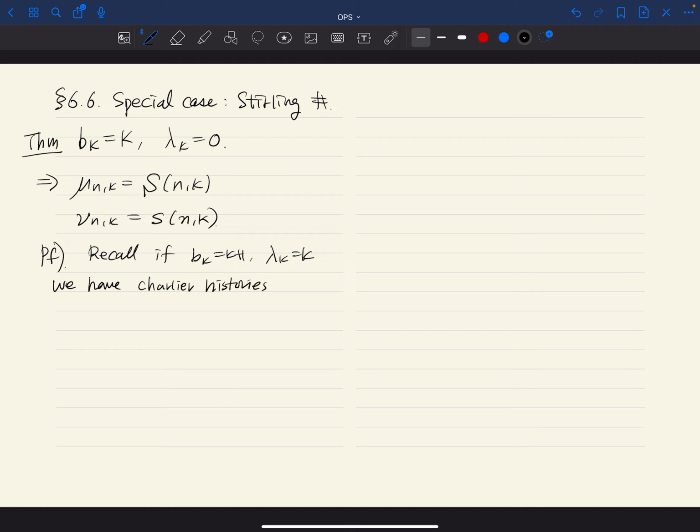Like mu, in this case, mu_{n,k} equals the sum over all, let's say, Charlier histories. Let me just use this n case, so ignore k here.